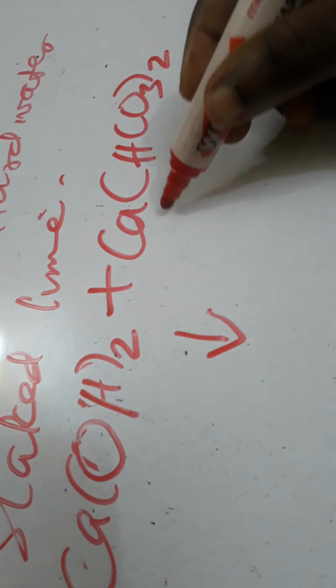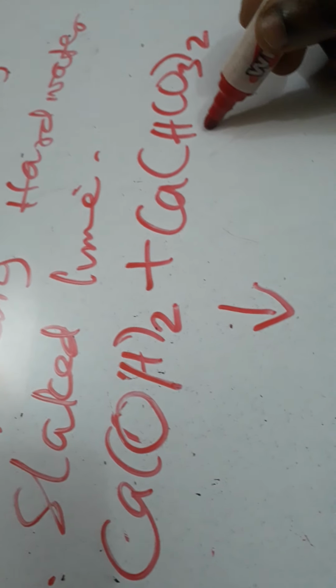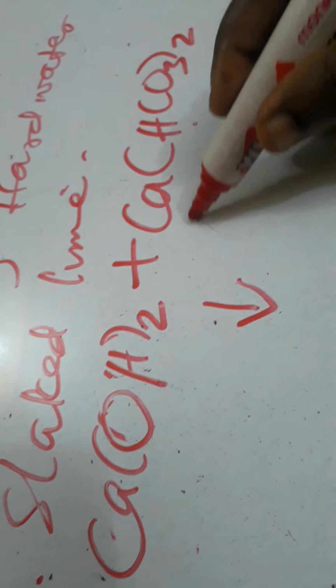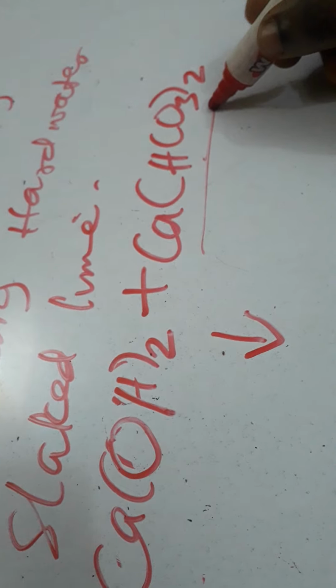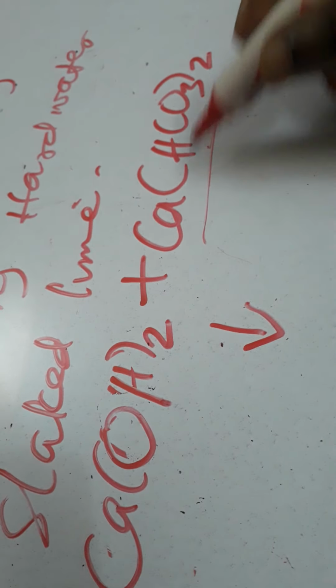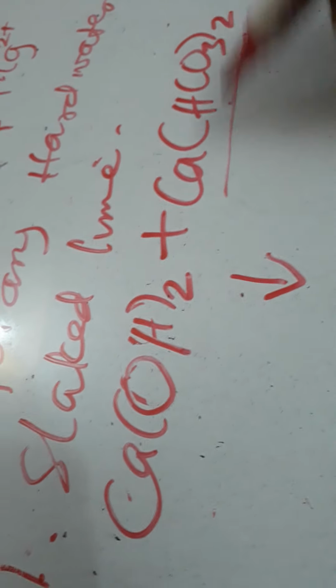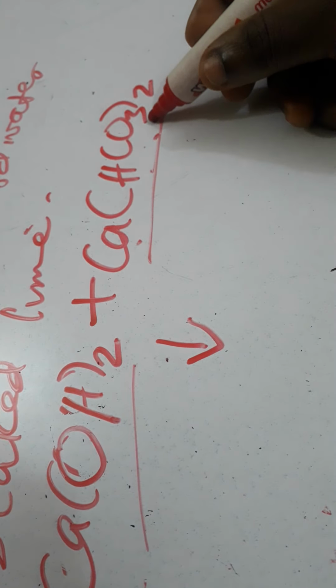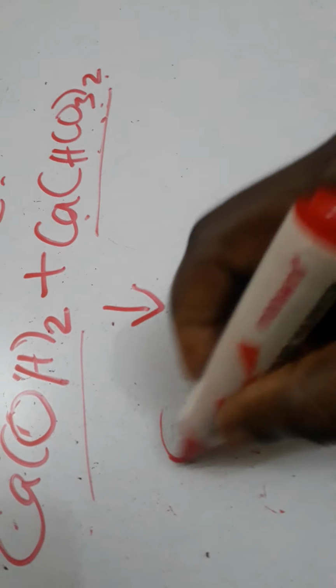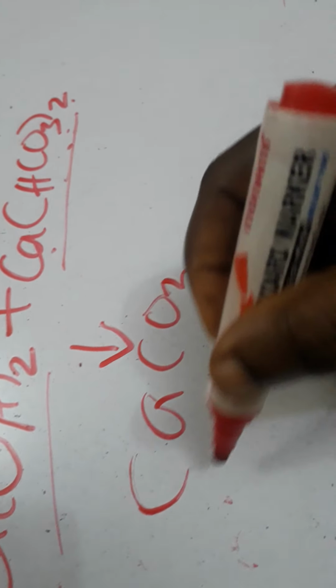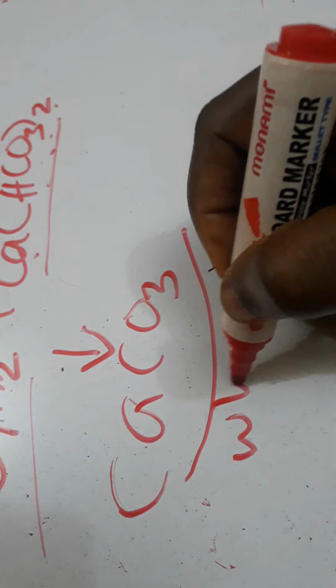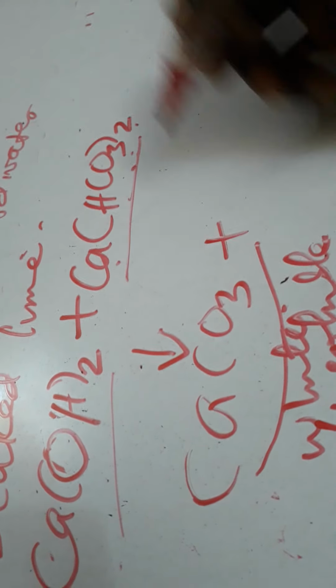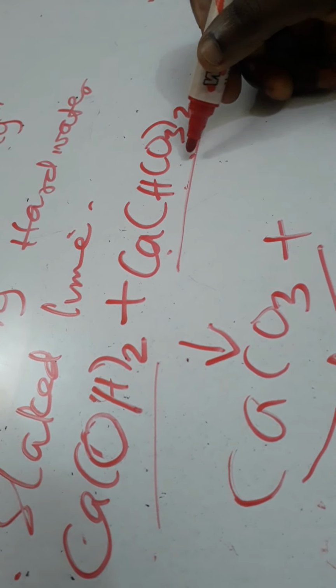calcium hydrogen carbonate, which is soluble in the water. We want to remove it because the water is hard because of the dissolved calcium hydrogen carbonate. So when we add this, calcium carbonate will be formed. You know, CO3 is in two places here. We have calcium carbonate, which is a whitish substance, to solidify out white, and it is not soluble. And then we still have the remaining compound.